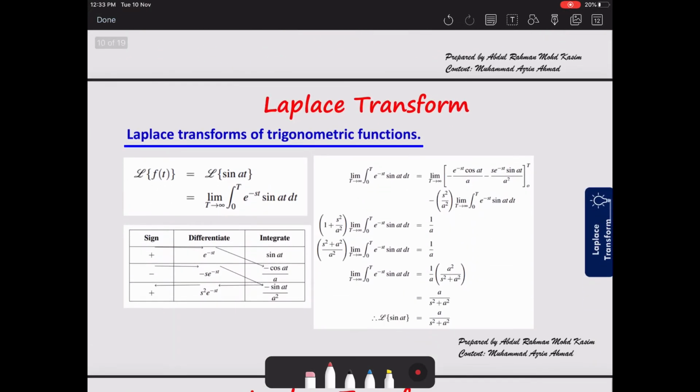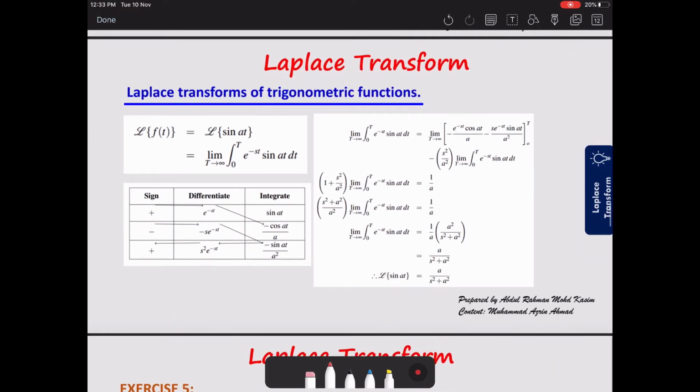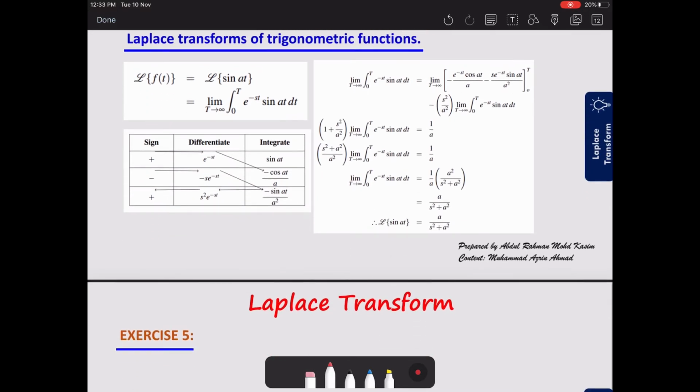Now let's proceed to the function of the trigonometrics. It's similar. Look at here, you have your function in terms of sine, and this is by definition, so you need to apply the tabular method, and then you put the limit. Finally you will have this one.